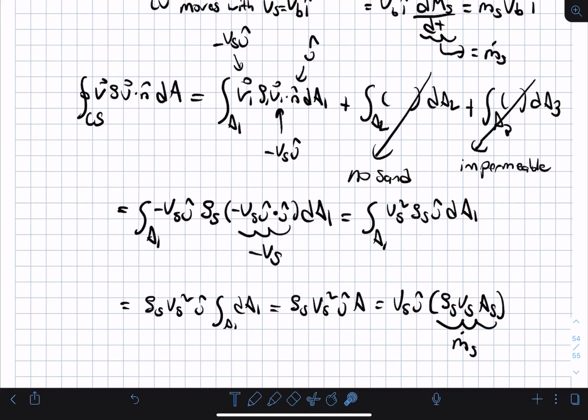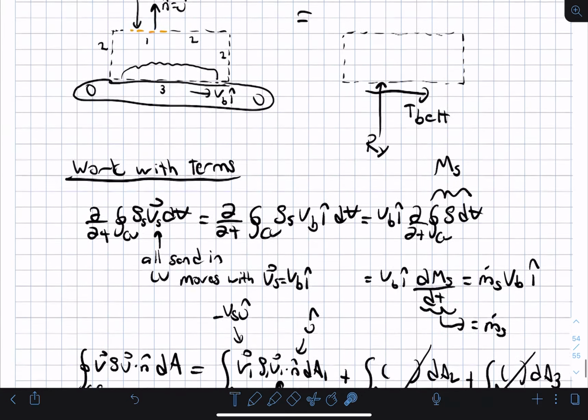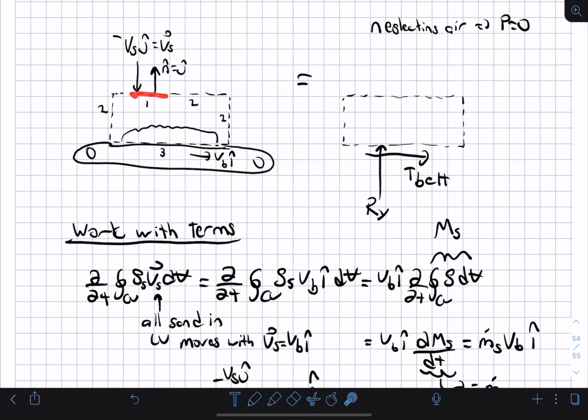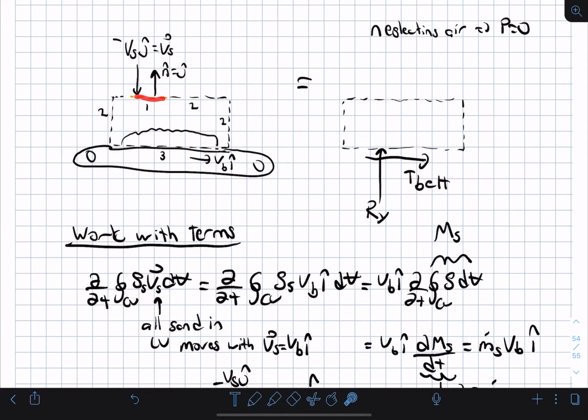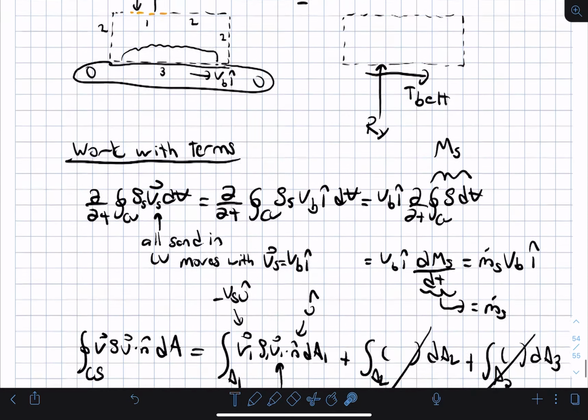If we are looking across surface 1, which is this one right here, and we know the velocity, and we know it's uniform, and we know the density, and we know the cross-sectional area, the mass flow rate falling through the surface is just the velocity times density times the cross-sectional area.